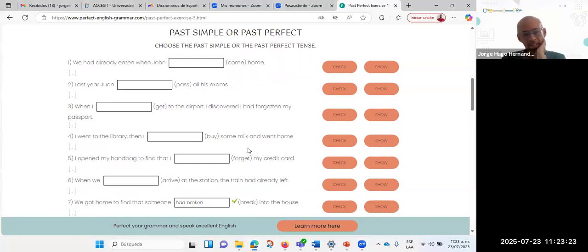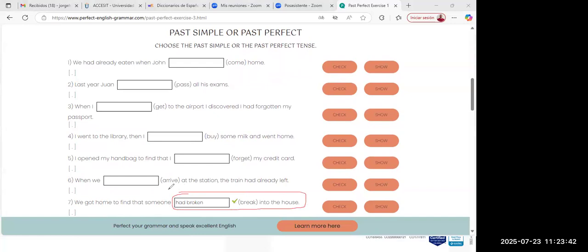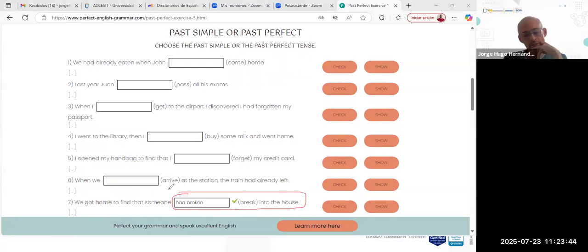Okay, had broken into the house. So, Paula, had broken in this sentence is the right one, is correct. But what does it mean, had broken into the house? Can someone explain? Había what? Habían roto.